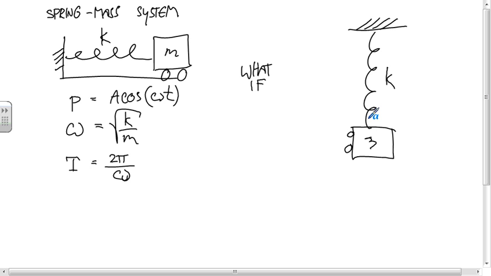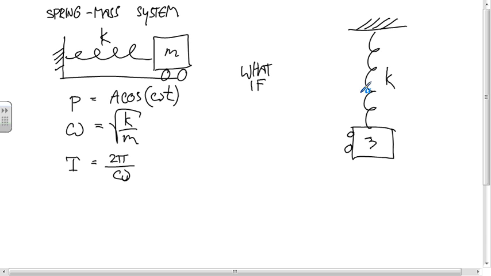Would the frequency start to oscillate faster, or would it oscillate slower, or would it oscillate the same? Just think intuitively about that for a second. Same. That's right. Yep.